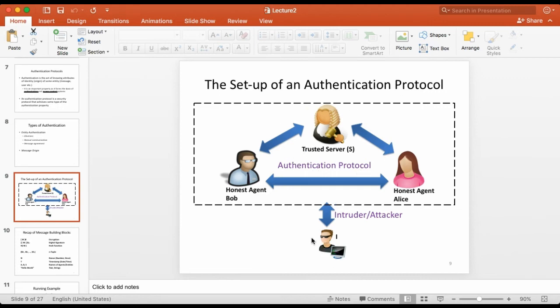By contrast, you have something called an intruder, and this is your untrusted network, which we sometimes call the intruder or the attacker.